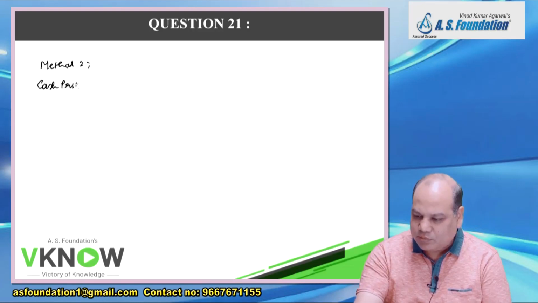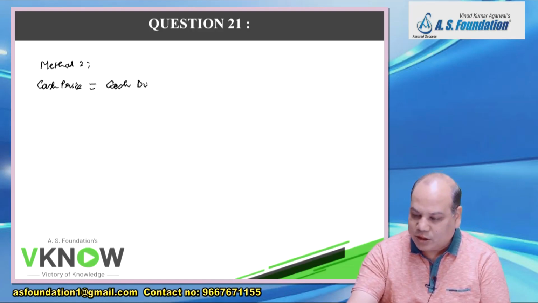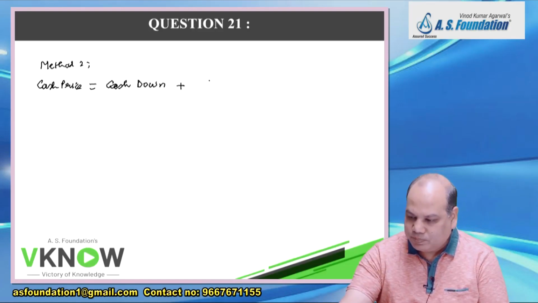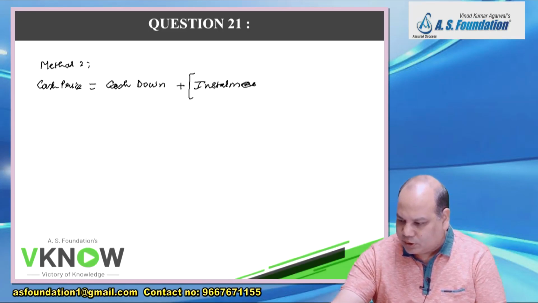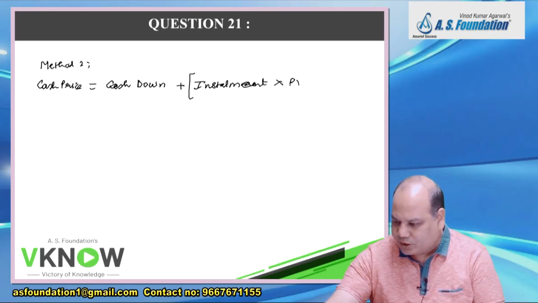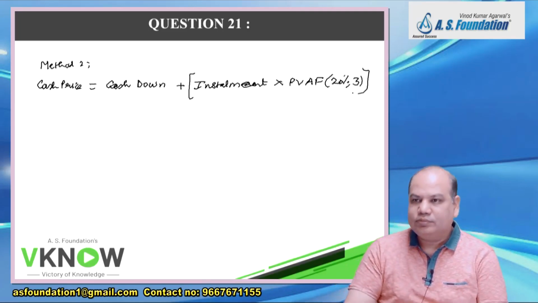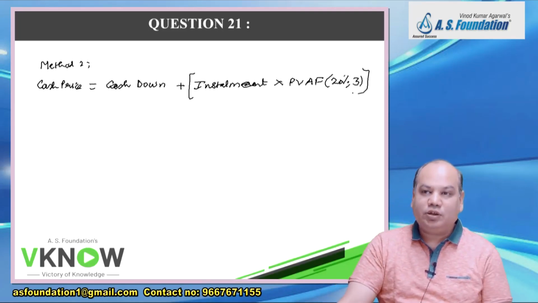In this problem we have cash down also, so you will add cash down plus installment, but installment will be multiplied by present value annuity factor, 20% and 3 installments.